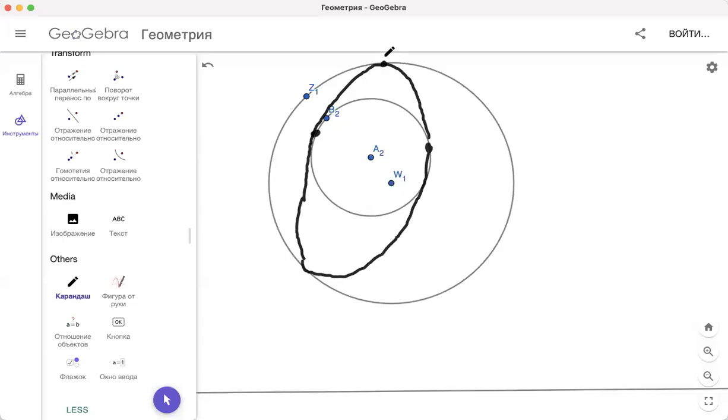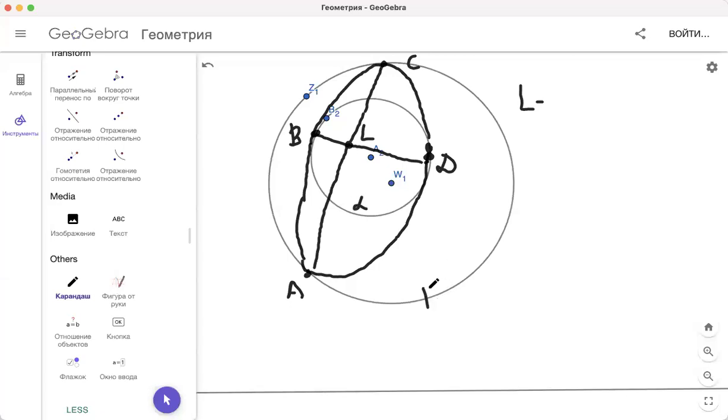Let me denote tangency points and consider the intersection point, let me denote it by L. And the first statement is that L is the limiting point of a pencil generated by these two circles.